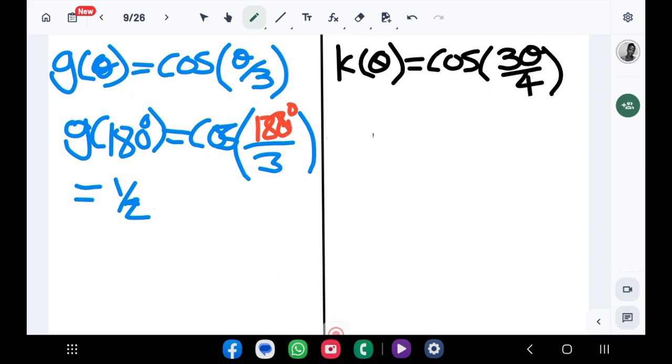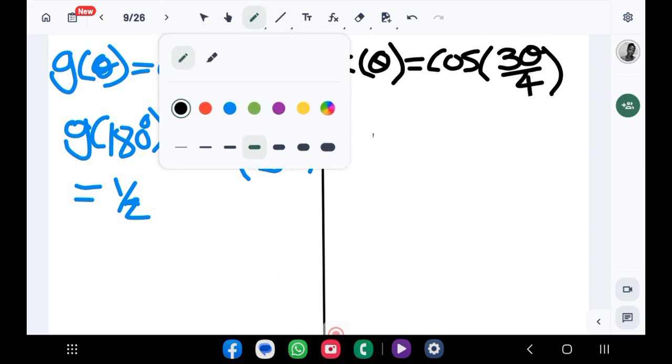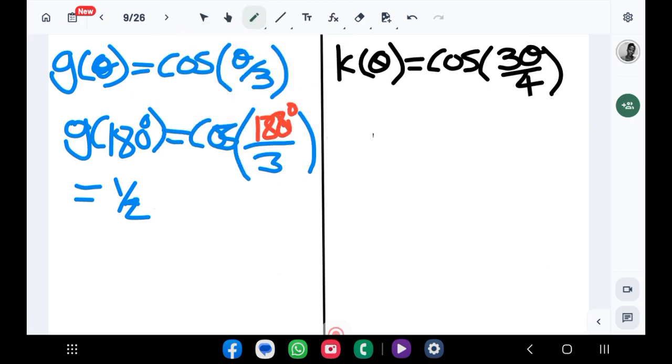Now let's find out what K of 180 is, because this one also has those limitations.